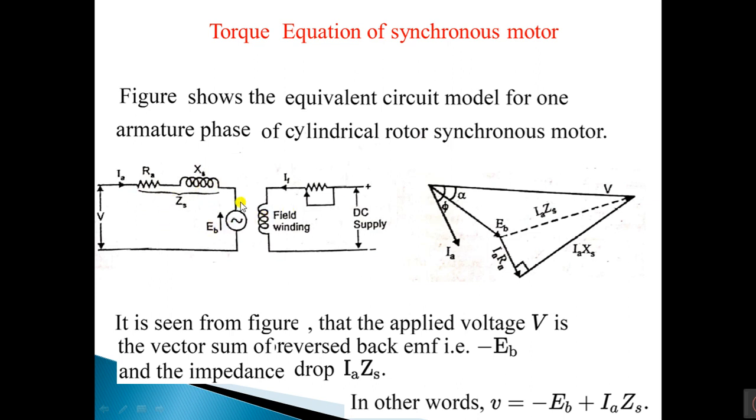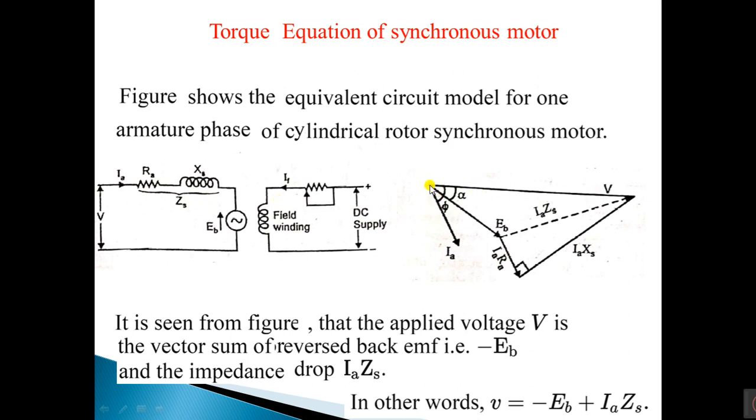Due to that, a back EMF is produced. Here the field winding, with the help of a variable resistor, we are applying DC supply. From this figure, the applied voltage V is the vector sum of the reversed back EMF minus EB and the impedance drop IA into ZS. IA is the current flowing through the circuit and ZS is the impedance. Due to the AC circuit, we are mentioning it as ZS. That is represented in this diagram.